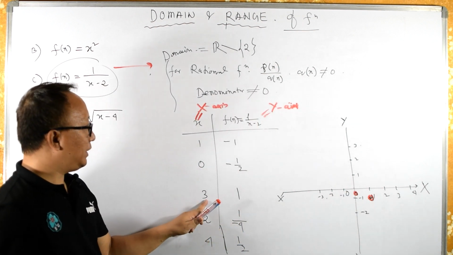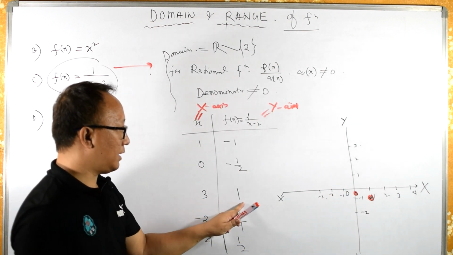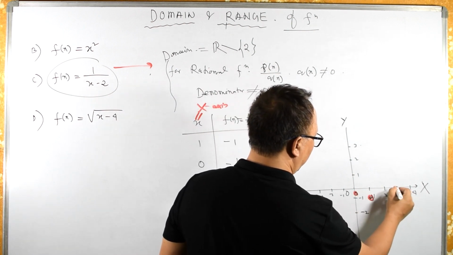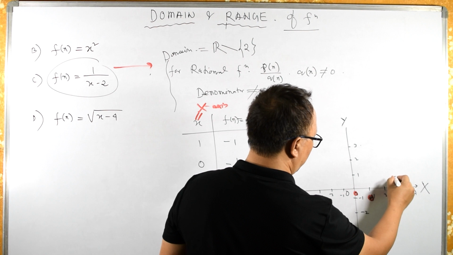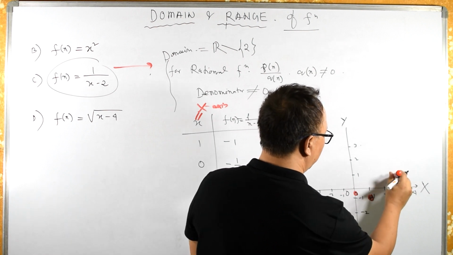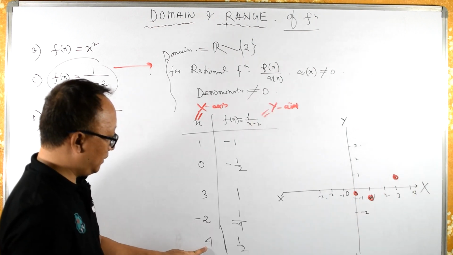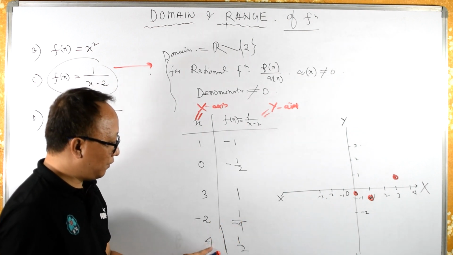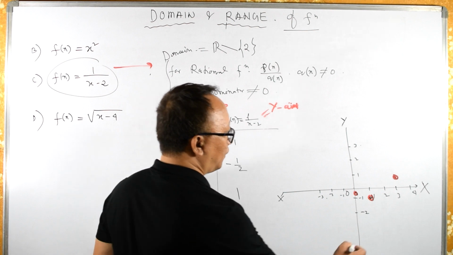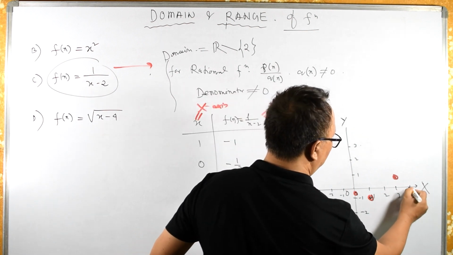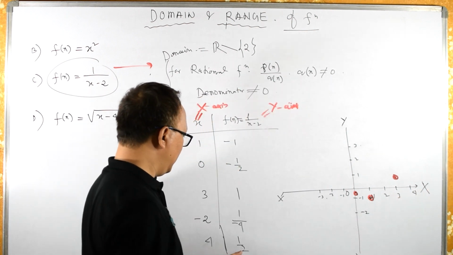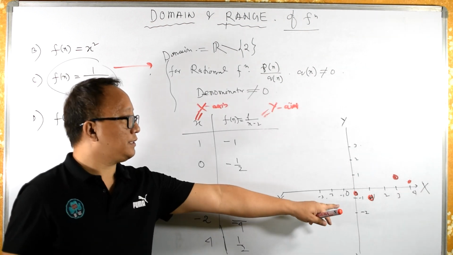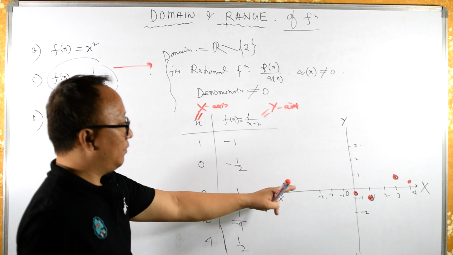Here x is 3 and y is 1, so I will mark it like this. And then 4 comma half: x is 4 and y is half. Now we have these points.